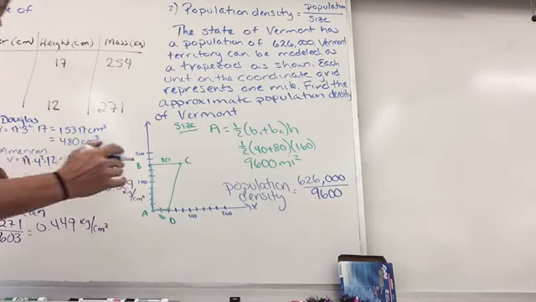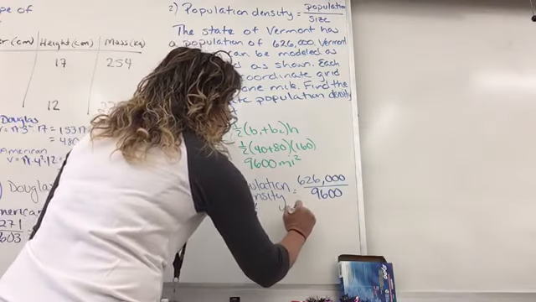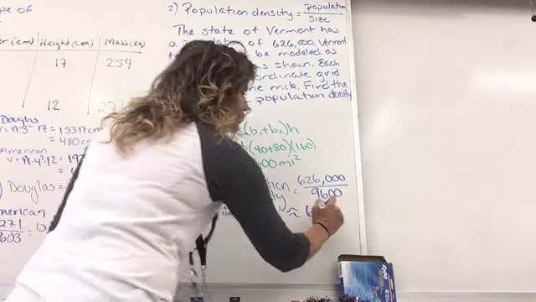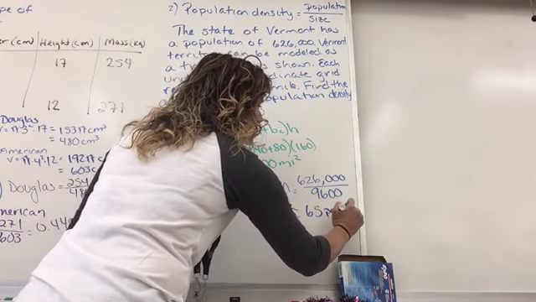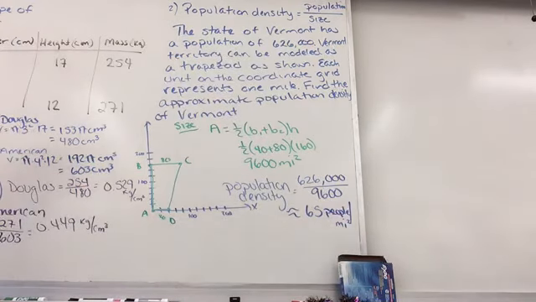When you divide that, you get approximately, and remember, you can't talk about half a person, so that's about 65 people per miles squared, which is actually not bad. 65 people live in a square mile. That's not a bad area.